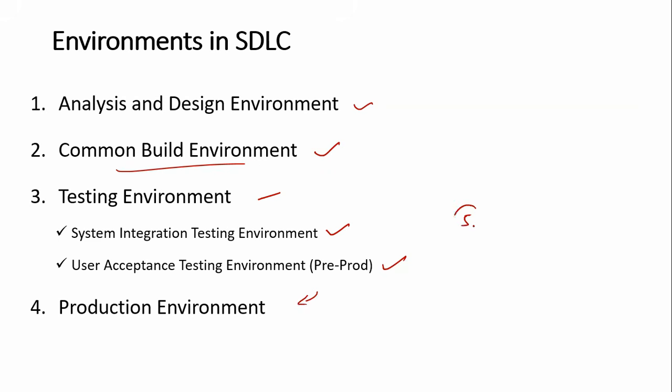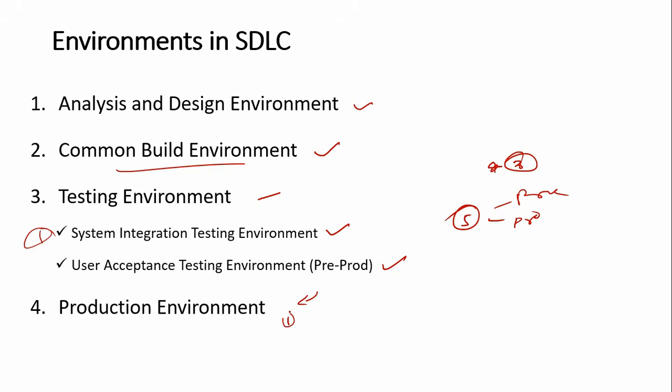In one of the projects which I worked on, we were having 5 environments. In that, one is production and one is pre-production. The remaining 3 are all testing environments. Like here in this example, it is just one testing environment. So it purely differs based on the customer requirement or project requirement.